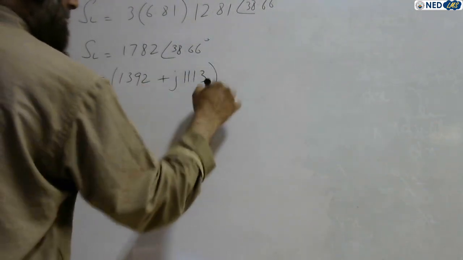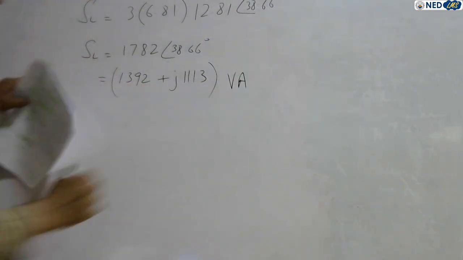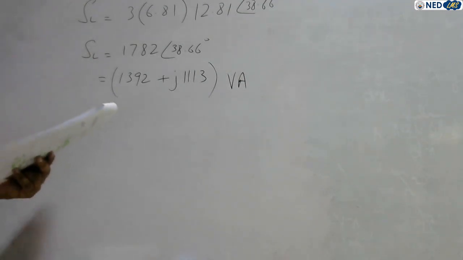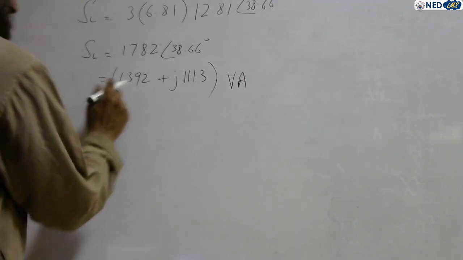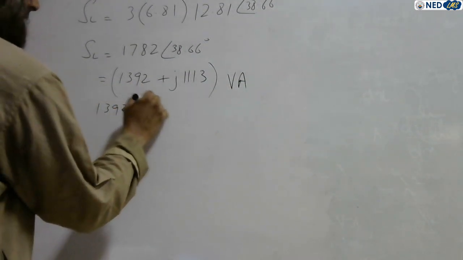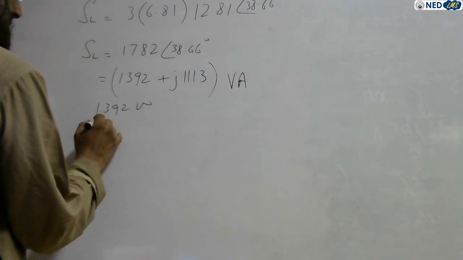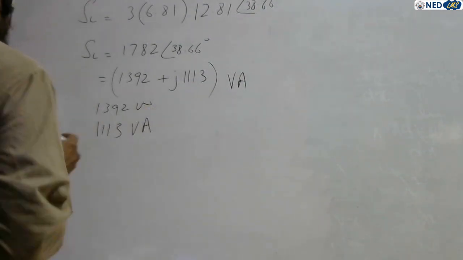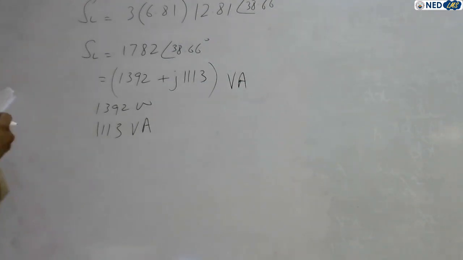The unit of the whole is volt-amperes, because complex power, apparent power, as I have told earlier, has units of volt-amperes, the product of voltage and current. So the real power absorbed by the load is 1392 watts, and the reactive power absorbed by the load is 1113 volt-amperes. The difference between the two complex powers is absorbed by the line impedance, right?